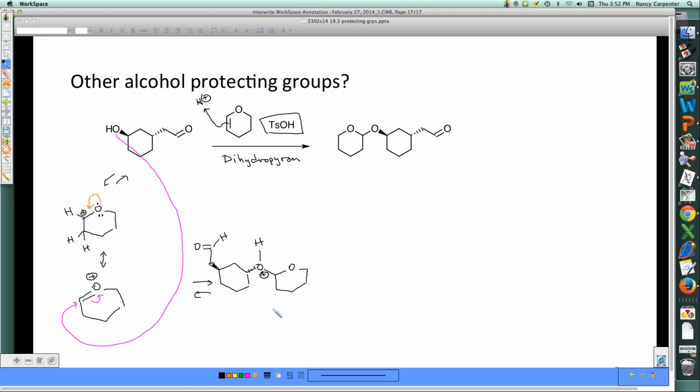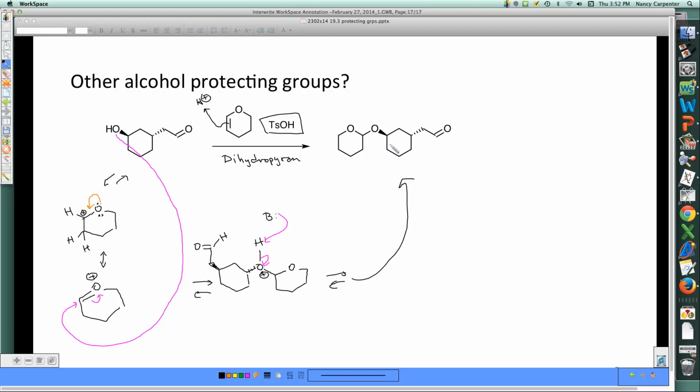Well, what do you do next? Obviously you deprotonate. We'll use our generic B for base, but we know that could be the conjugate base of tosic acid, it could be the lone pairs on the dihydropyran, it could be the lone pairs on the carbonyl, it could be the lone pairs on the oxygen. No shortage of bases here. And that basically takes us to our product.